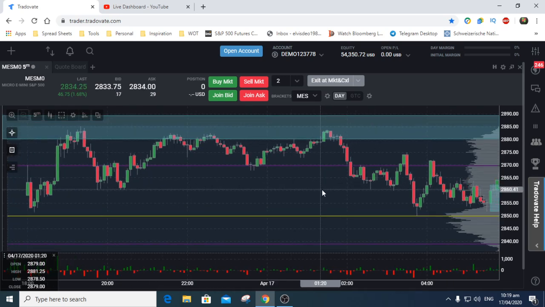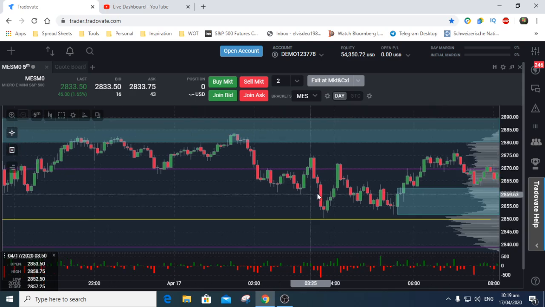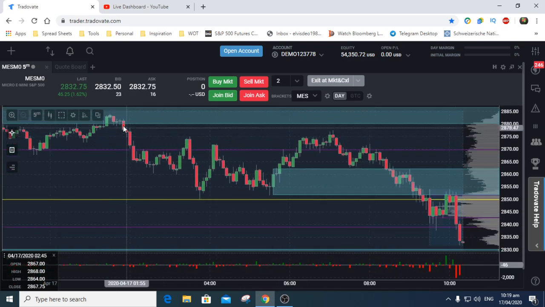I saw the 81s, 82s, and the bridging entry here, and got pretty nice order flow through London, through here.